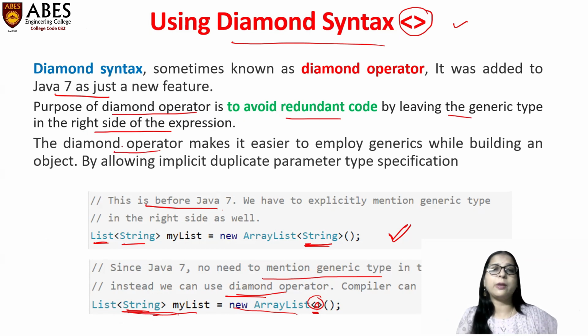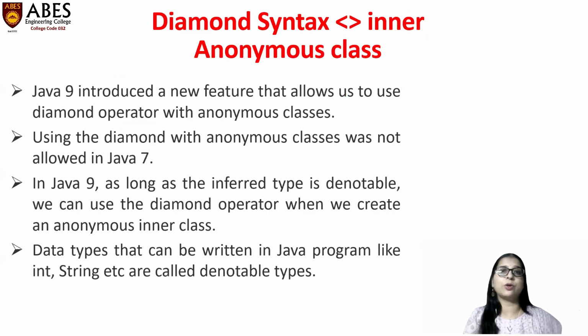The diamond operator makes it easier to employ generics while building an object by allowing implicit type parameter specification. This can also be used with anonymous classes.